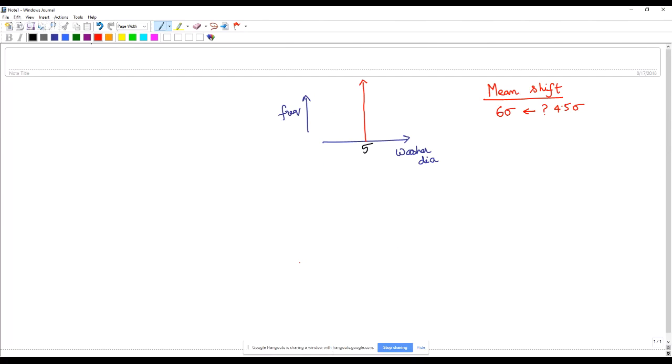And we ended up getting a large frequency of samples at 5 mm, relatively lesser at a higher dimension, even lesser at a higher dimension. Similarly, on the other side also, plus or minus.